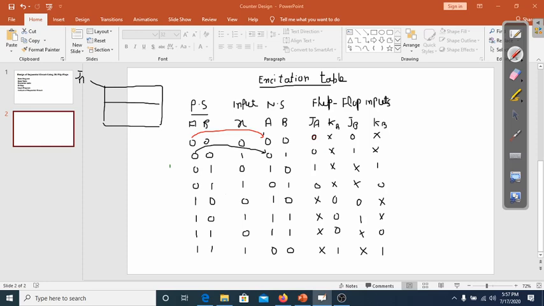I'm going to simplify the input JA, this one input of the JK flip-flop. Now this is BX, and in the column side I'll use A. So A could be a 0, A complement, and could be 1.